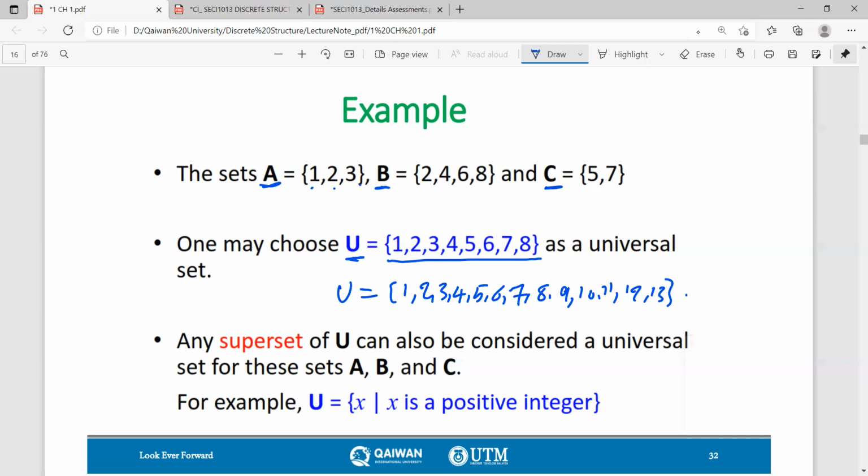If you can find all the other sets, I mean A, B, and C, in the set U, then U is the universal set. This is a superset of U. Someone else may choose another set, okay? You could choose a set which contains all the given sets as the universal set.